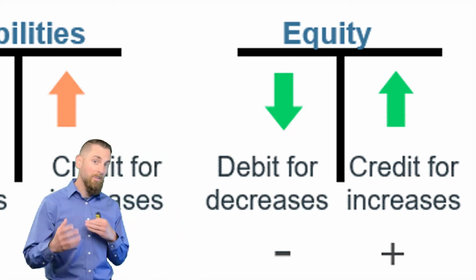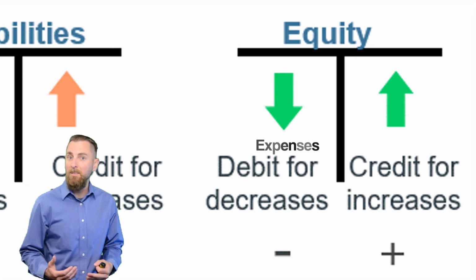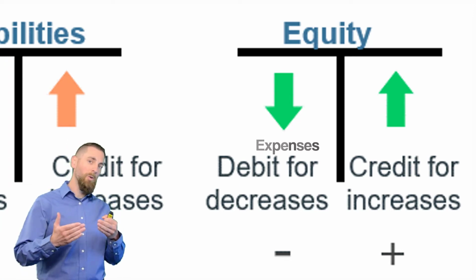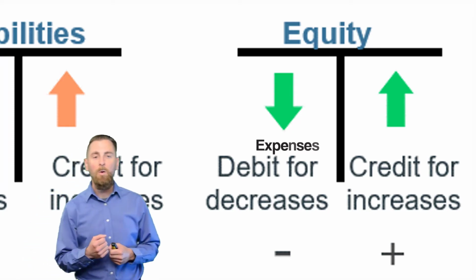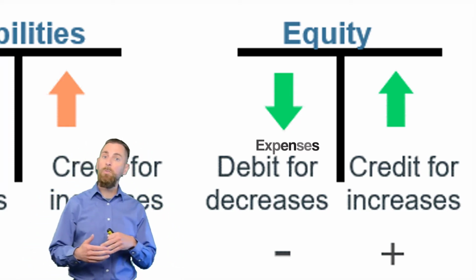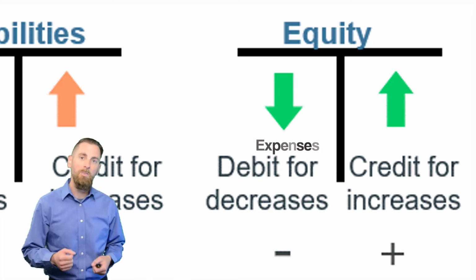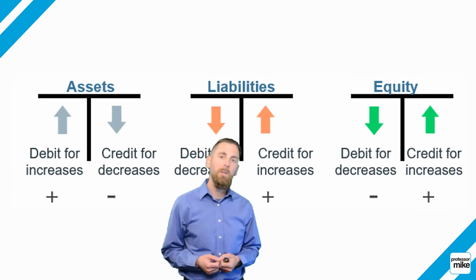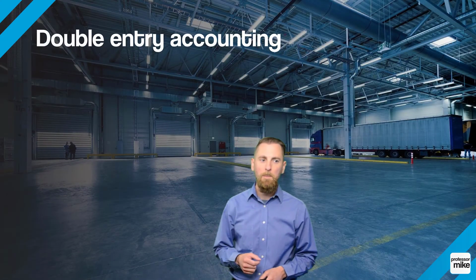However, expenses are also equity accounts. And to increase an expense, we would be decreasing equity, and here's where it gets a bit confusing. So for expenses, we actually debit those to increase the expense, which therefore decreases our equity. Gets a little complicated, but I'm sure you're going to be able to figure it out just fine.